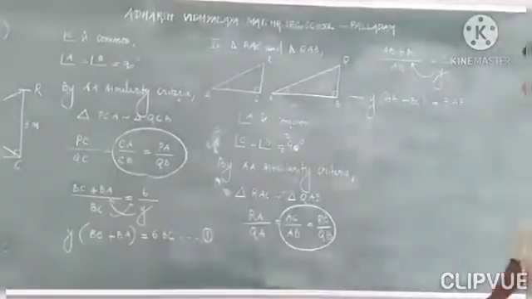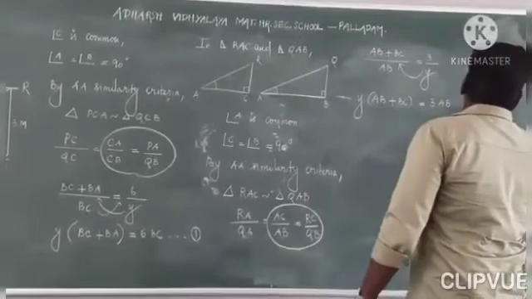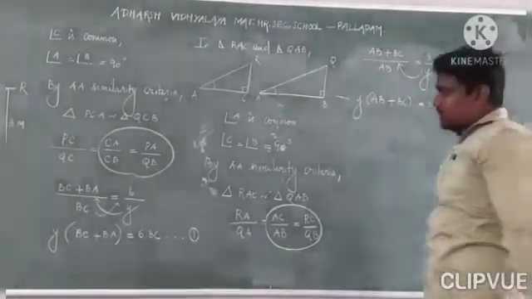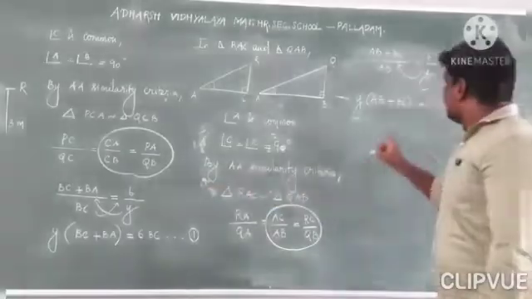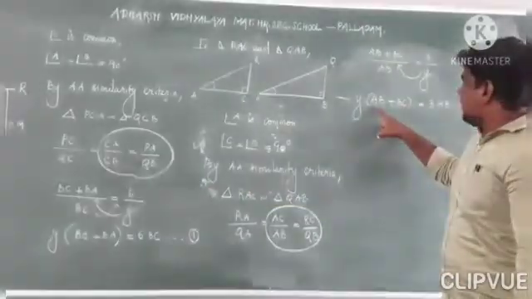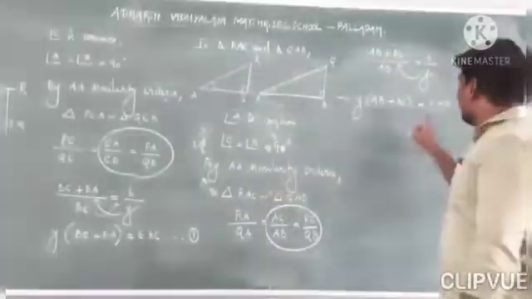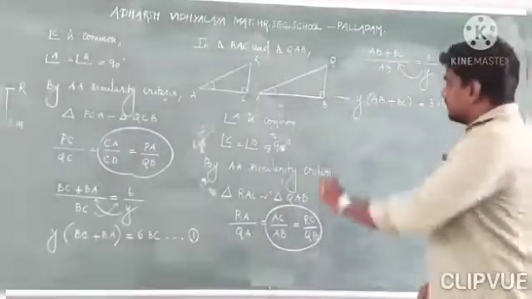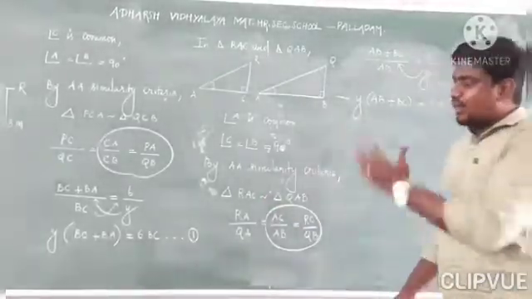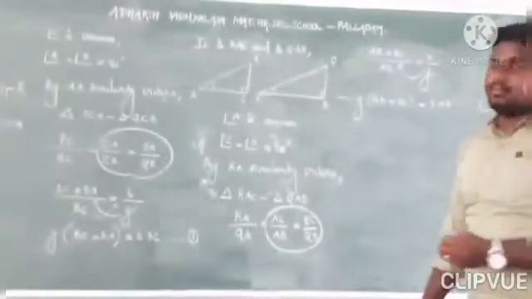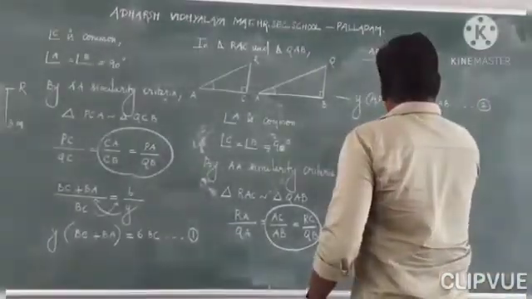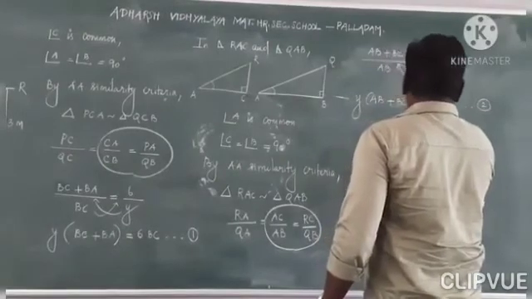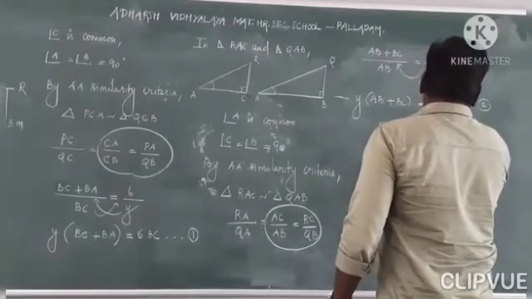This is equation number 2. From 1 and 2, equation 1 is Y times (BC plus AB) equals 6 times BC, and here 3 times AB. Both equations have the same left-hand sides, so we can equate their right-hand sides.